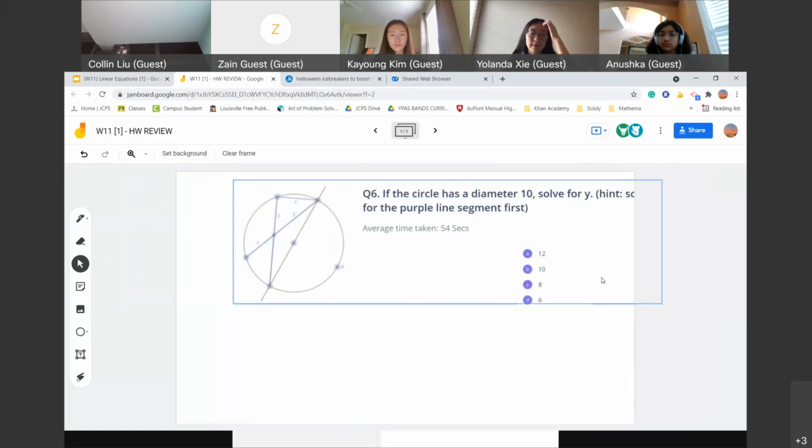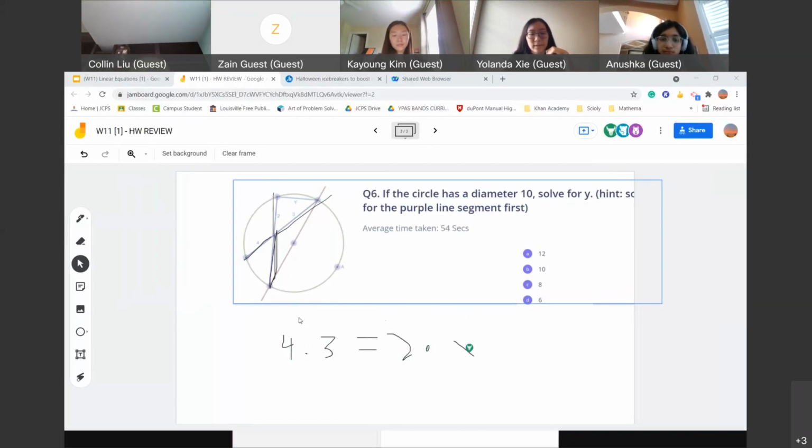Remembering back to the previous lesson, there was a theorem about two chords running through a circle that intersect each other. You can multiply 4 times 3 equals 2 times this missing length. So 4 times 3 equals 2 times x, and so 12 equals 2 times x, so x is going to equal 6.